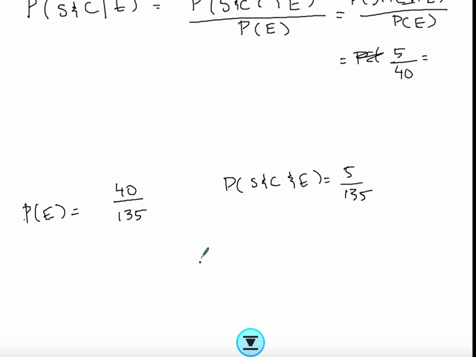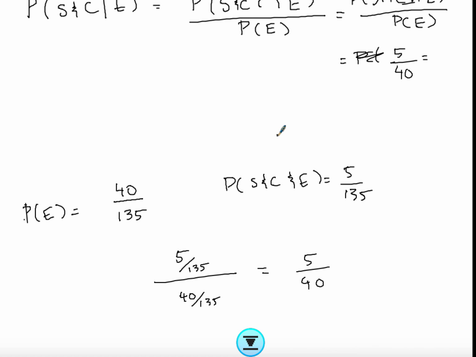And so you are dividing 5/135 by 40/135, and this simplifies to 5/40. So if you still want to stick to the proper rules of probability, this is another way of interpreting it.